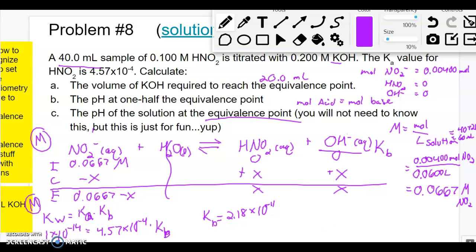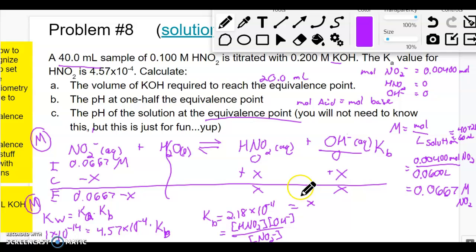And so my Kb value is equal to the concentration of HNO2 times the concentration of OH minus divided by the concentration of NO2 minus. And I'm going to put in my values at equilibrium.